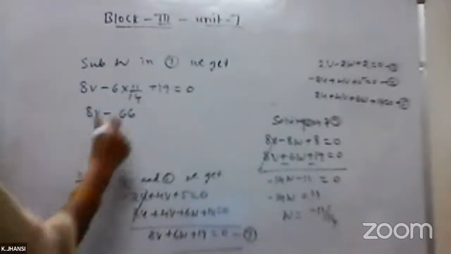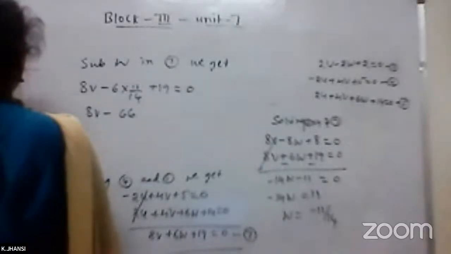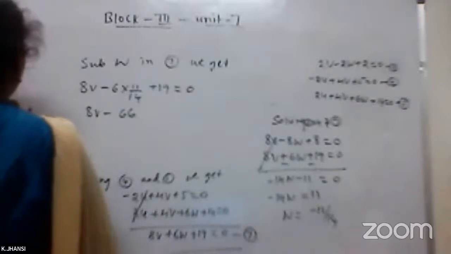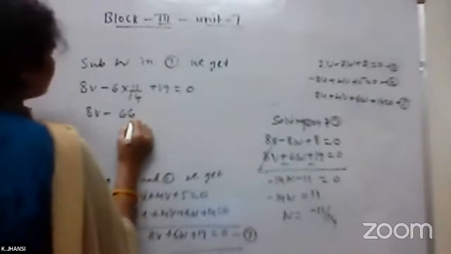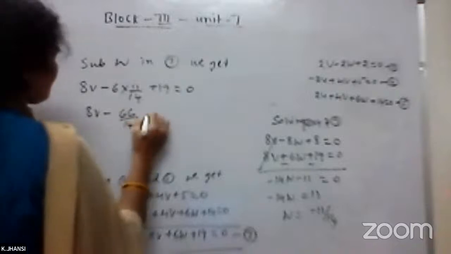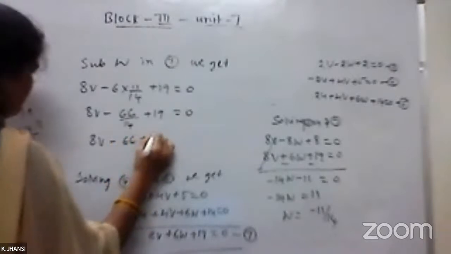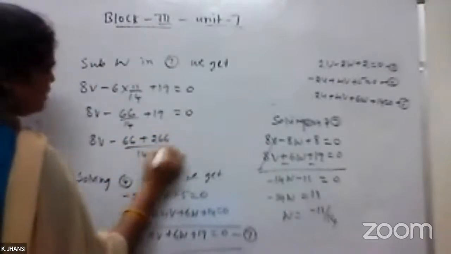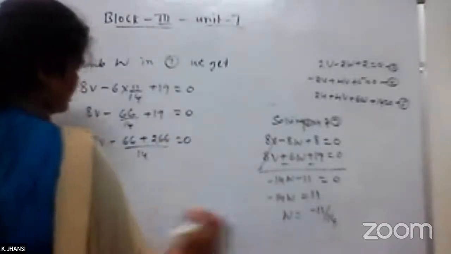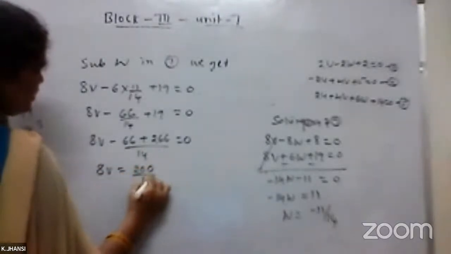You simplify this. 19 into 14, 266. So you will get 8v minus 66 plus 266 by 14 equals to 0. So 266 minus 66 means you will get 200. 8v equals to 200 by 14.